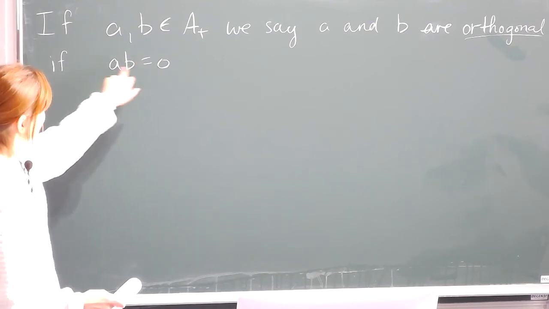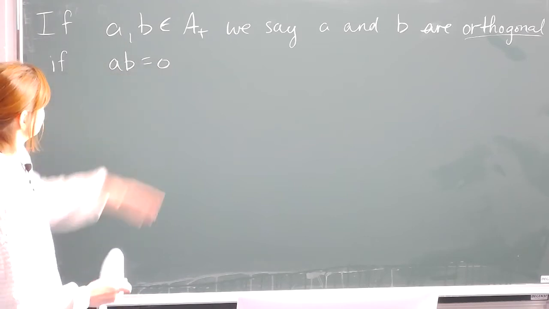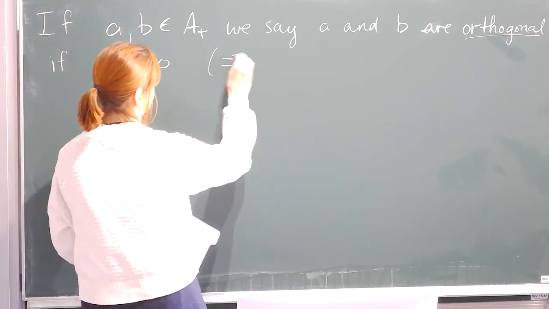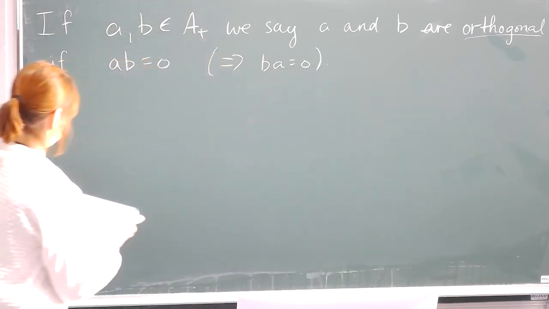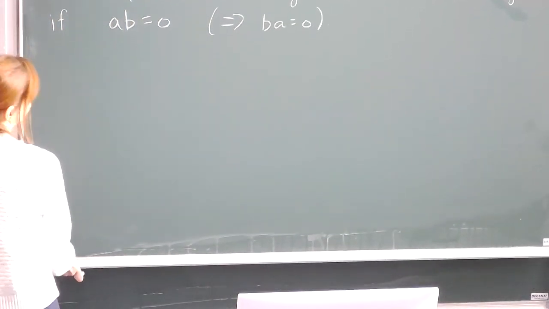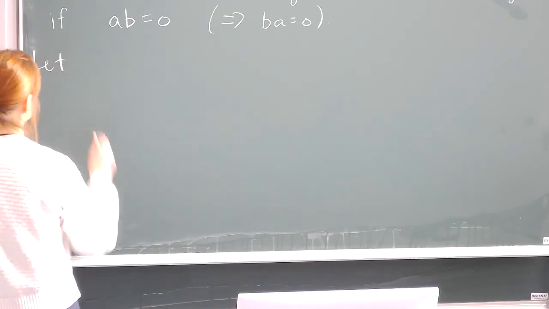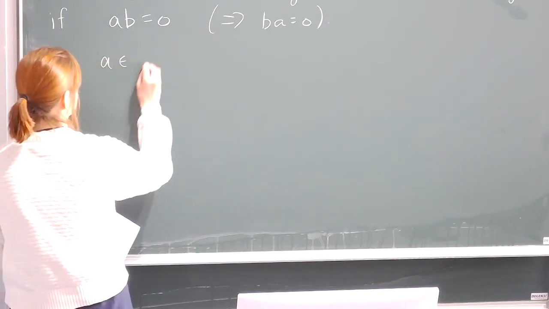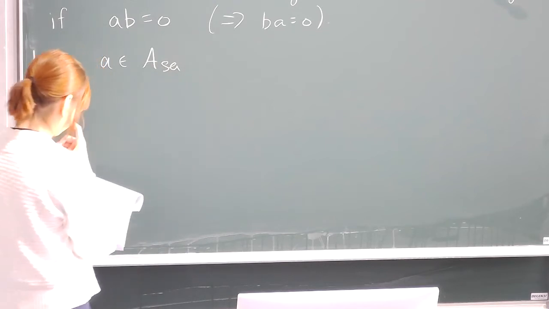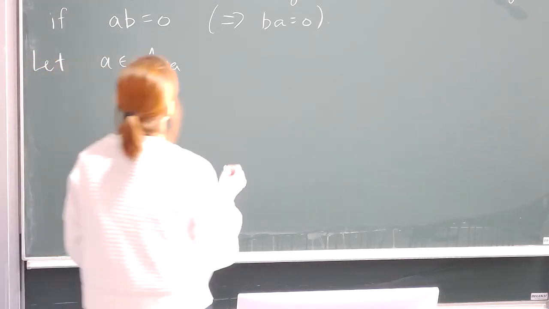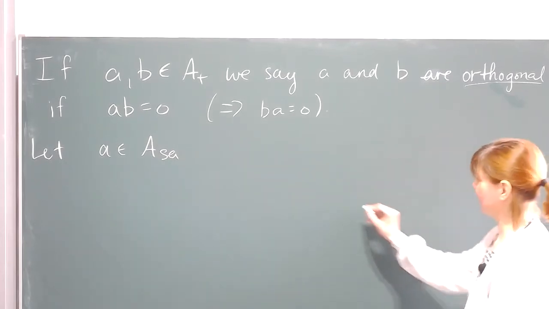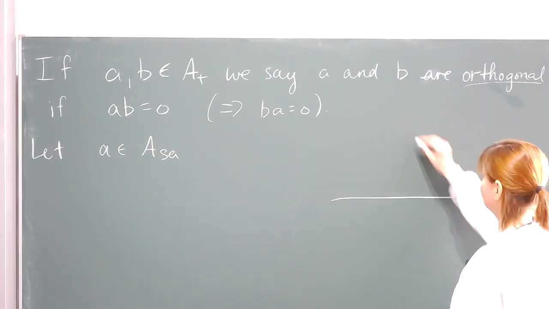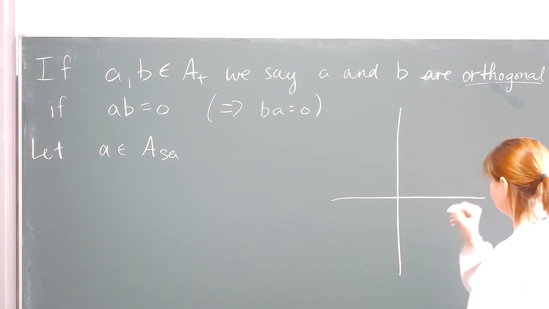We still get 0, and then BA is equal to 0. Okay, so let's take some element that's now self-adjoint. Again, what does the self-adjoint element look like under the functional calculus?